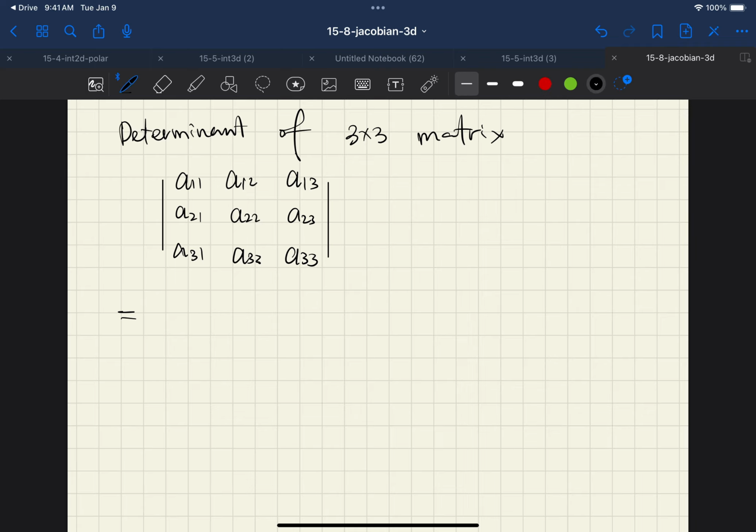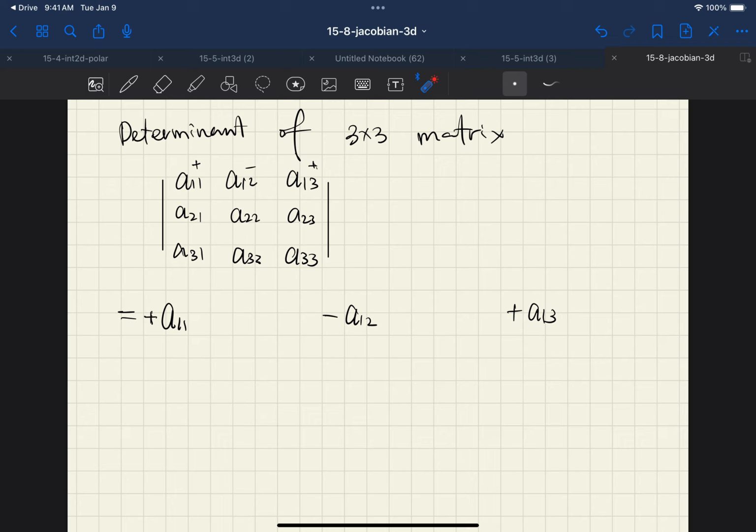To do that, we put alternating signs for the first row: plus, minus, plus. According to these signs, we put the coefficients in order: A11, A12 but with minus, A13 but with plus. For A11 you can put plus, but it's redundant, right? And then we fill up these gaps with minors, so-called minors.